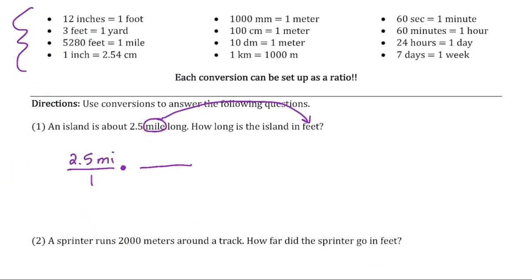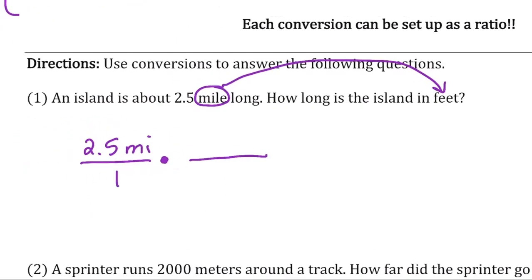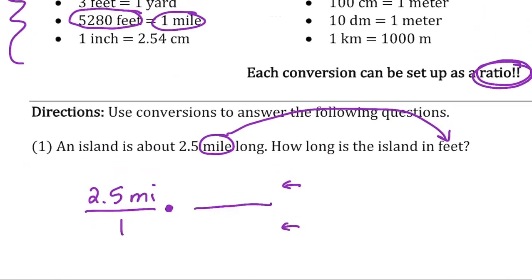Now, those numbers, that 5,280 feet and that 1 mile, are what gets filled in my conversion factor. We can write those as a ratio. Now, the ultimate question is, how do I know which ones go where? And the great part is it's all depending on what units we start with.